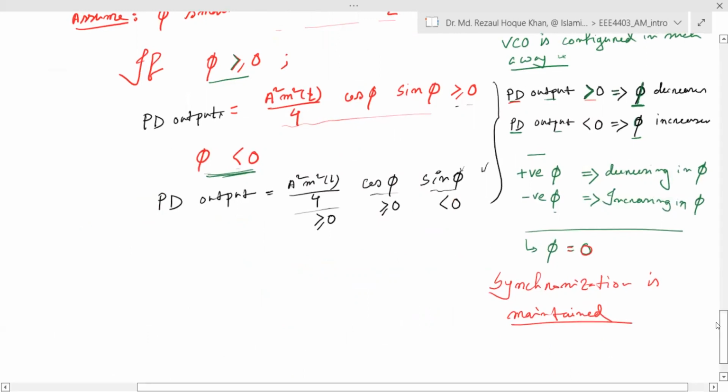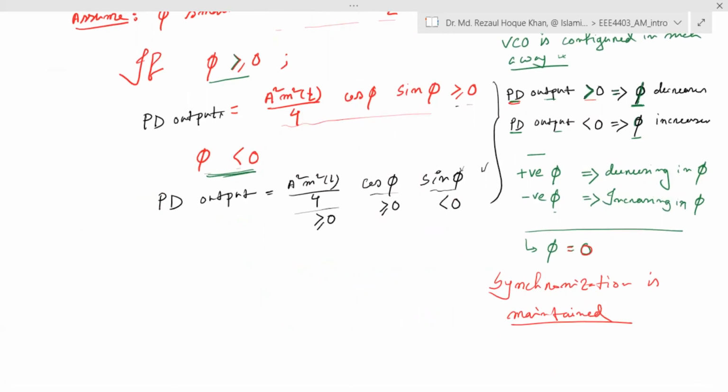If it receives a positive value from the phase discriminator, it decreases phi, and if it receives a negative value, it increases the value of phi. So it always tries to keep the phase at a minimum, ultimately 0. So the phase synchronization is maintained.